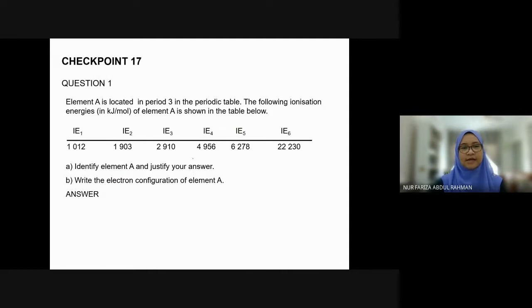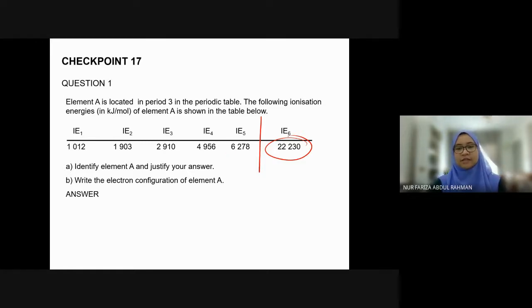So A come from group 15. Betul tak? So the ends kat sini because we have sudden increase in ionization energy. Okay, so A come from group 15 sebab IE5 indicates that the 5 electrons have been removed from the valence electron.